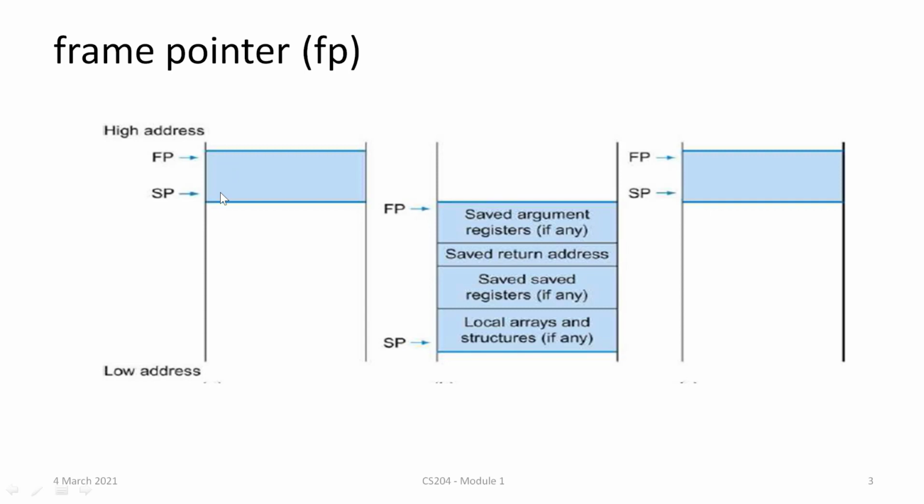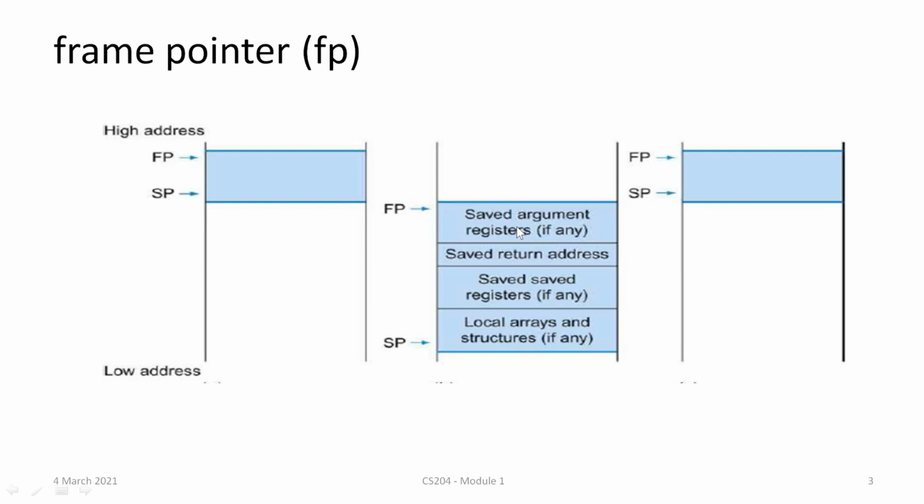Now, when there was a call to a procedure, the callee, we have placed a lot of data onto the stack here, right? And when this particular procedure is getting executed, the stack pointer can grow further down or shrink up, but the frame pointer will always be pointing to the first location here.